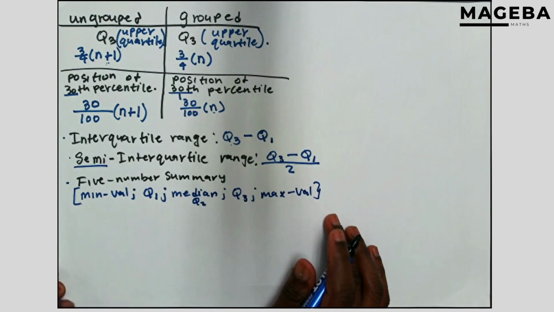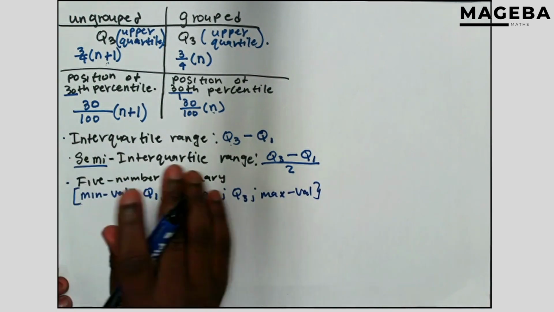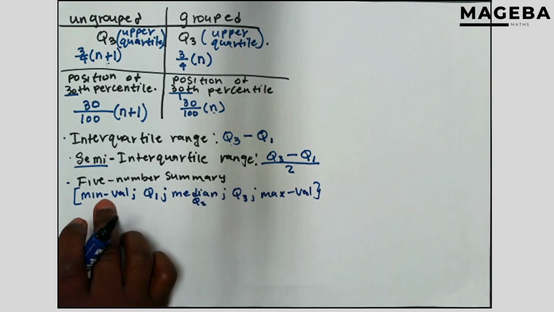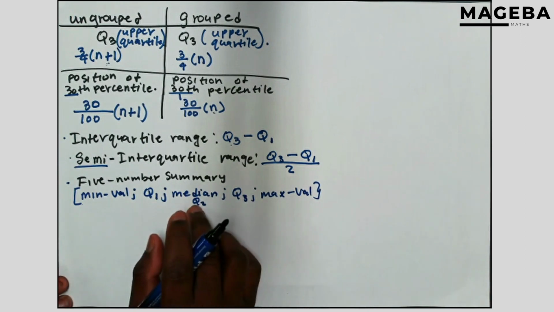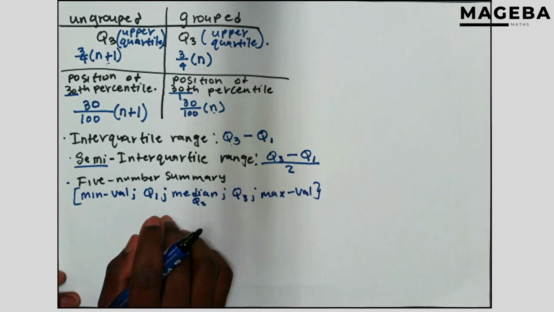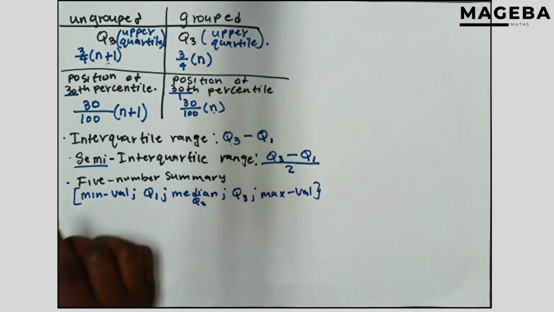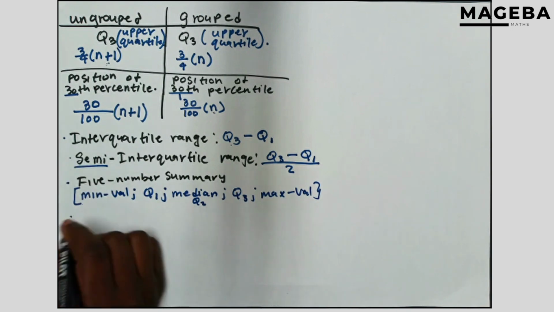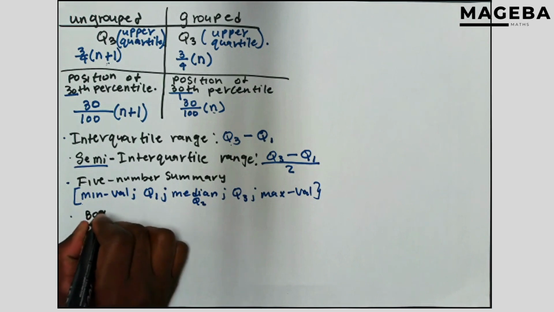This is just a 5-number summary. If they ask for a 5-number summary of whatever data they gave you, you just find the minimum value, you find Q1, Q2, Q3, and you give them the maximum value. That's what they are looking for.